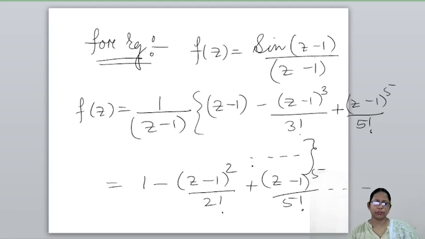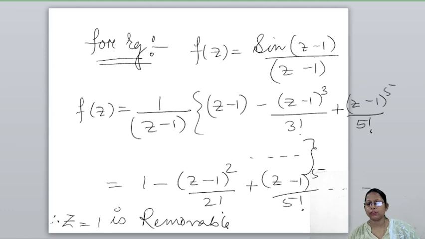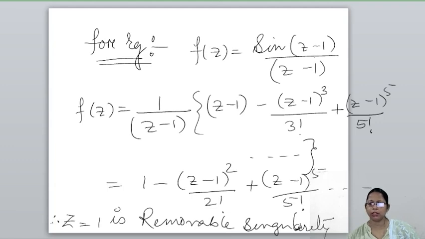Here we see that there are no negative powers of z minus 1. Therefore, z equal to 1 is a removable singularity of the function f(z).